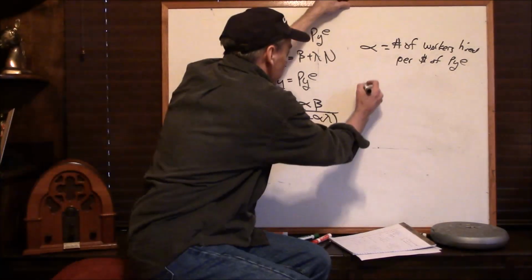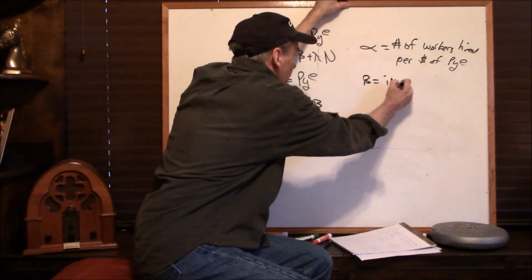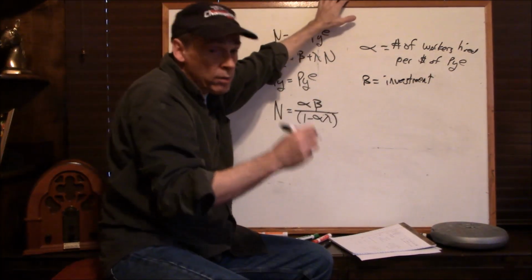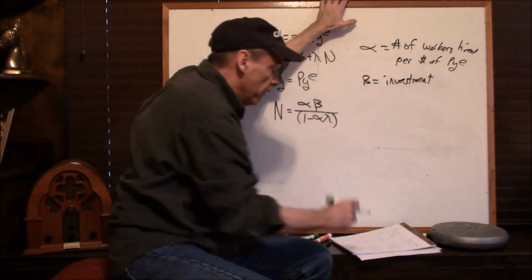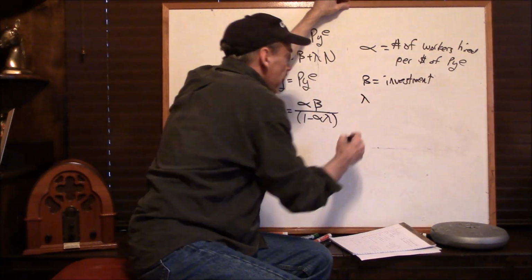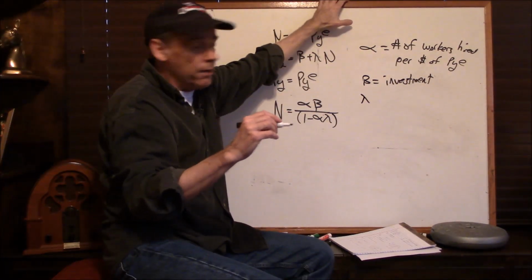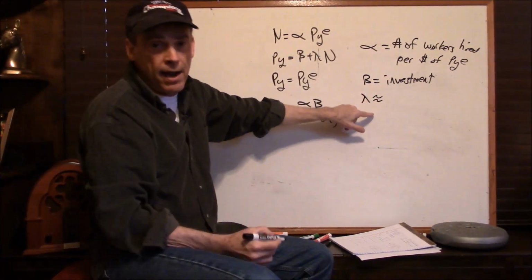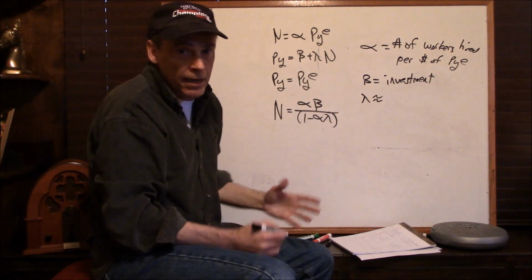What was beta? Well, in our example, let's just make it simple. It's just investment. It could also be exports and government spending, but it's just investment in this example. And then last, lambda, and by the way, this is a very handy tip in math class: if you write a squiggly equals sign, it means kind of equal to, and I'm not sure they can take any points off whatsoever.